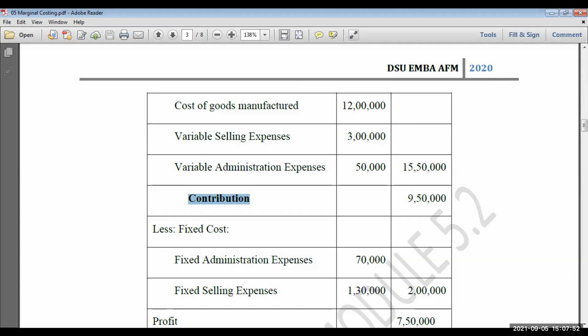I'll tell an example. 20 students got admitted into MBA class. The rent payable for the room where the class is happening is, suppose, 2,000 rupees. 2,000 rupees is a rent paid by the institute for the classroom. 20 students are admitted.